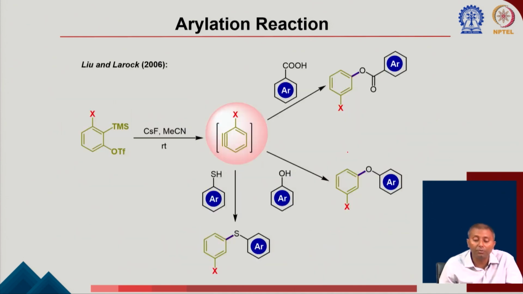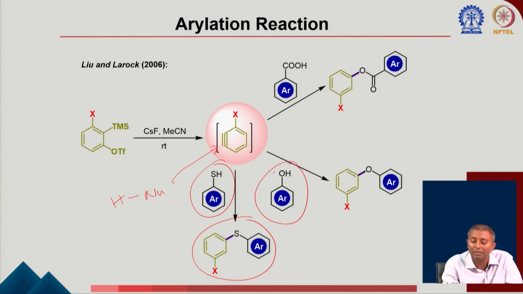Now the question comes, what about other nucleophiles? What about thiol or phenol or carboxylic acid? Again, in every case, what is going to happen? The nucleophile with an H is going to attack here. There will be a minus, which will take the proton. So if you have a thiol, then you end up making this product, so there will be S with aryl.